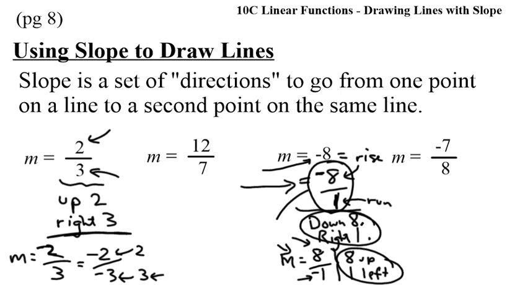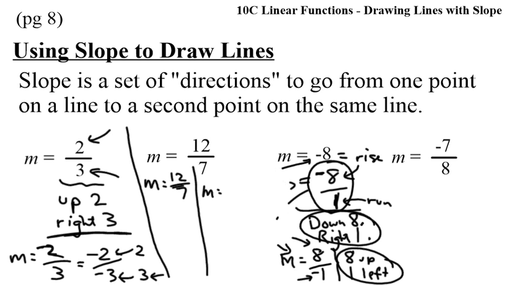All right, so we have, for this case, a slope of 12 over 7. What's the second possible slope? What else gives a slope of 12 over 7? Negative 12 over negative 7, because 2 negatives make a positive slope. This rise is 12 up.